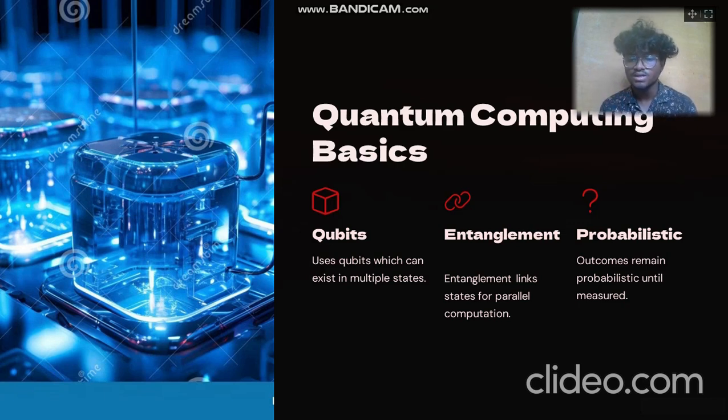The first one is qubits, the second one is entanglement, and the third one is probabilistics. Qubits can exist in multiple states. Entanglement links states for parallel computation. And the last one is probabilistic, where outcomes remain probabilistic until measured. So these are the three basic things of quantum computing: qubits, entanglement, and probabilistics.